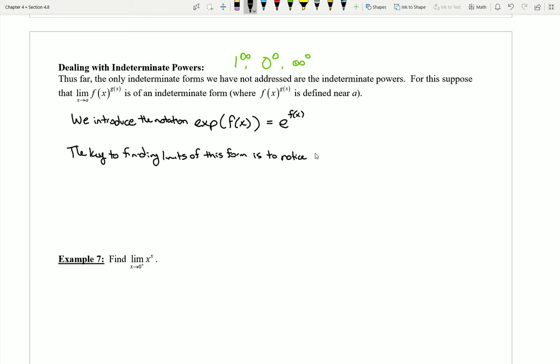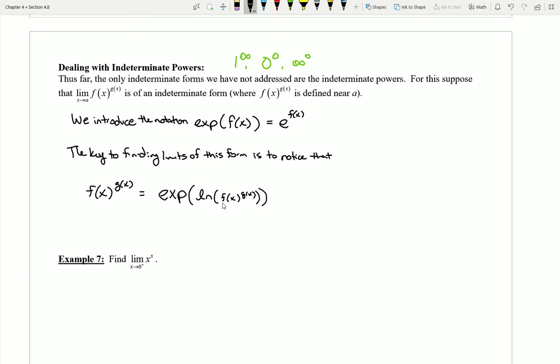What we need to notice is that the function f of x raised to the function g of x could be rewritten as follows. First, I could turn it into exp of the natural log of f of x to the g of x.